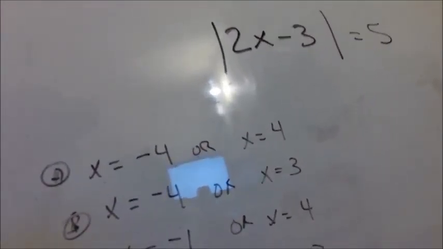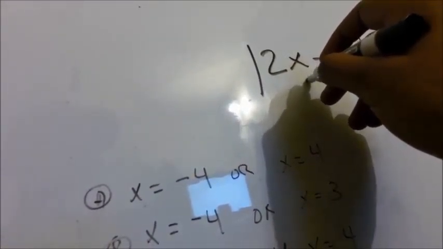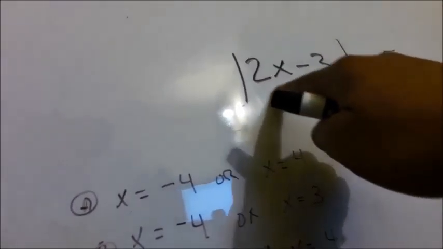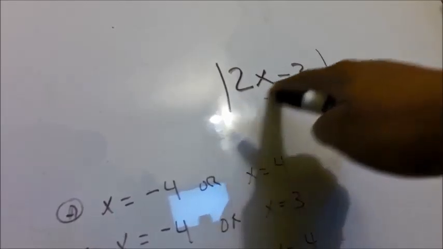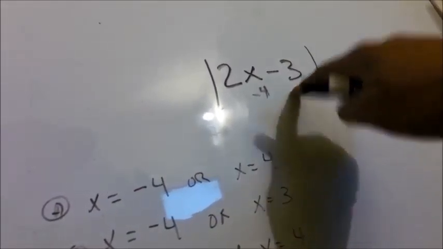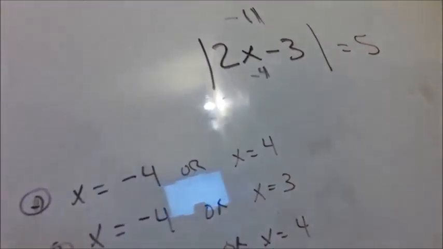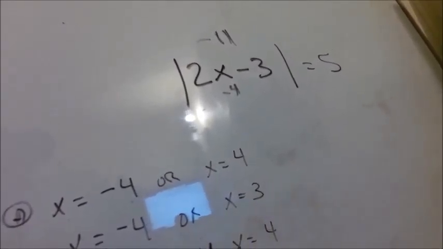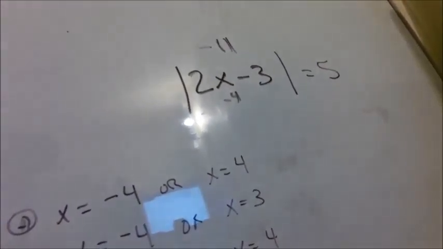Let's look at A. If we plugged in negative 4 into the x slot, negative 4 times 2 is negative 8, and if we add that to negative 3, it would be negative 11. Does negative 11 equal 5? No. So honestly, if I'm taking a test, I would throw that answer right out. A can't be it.